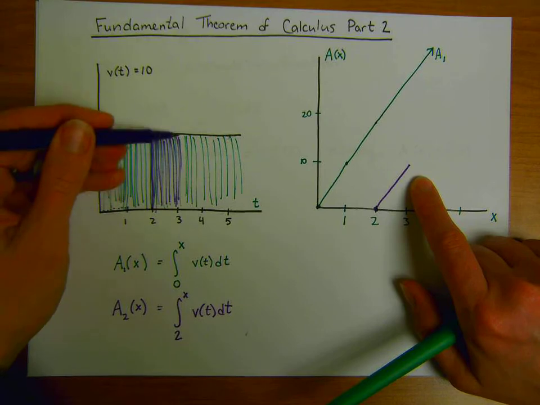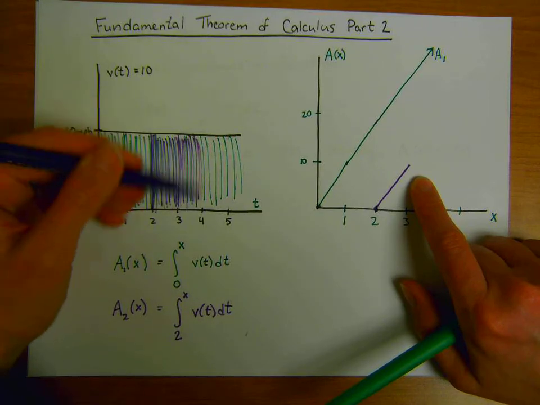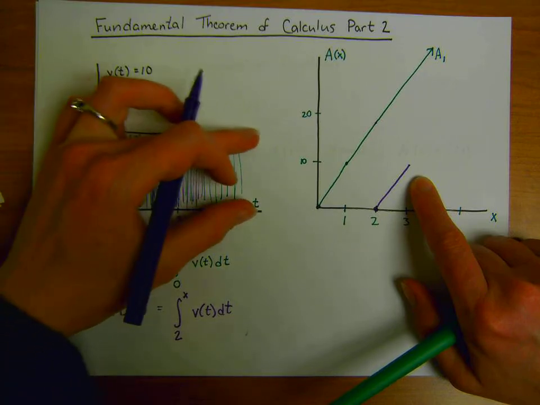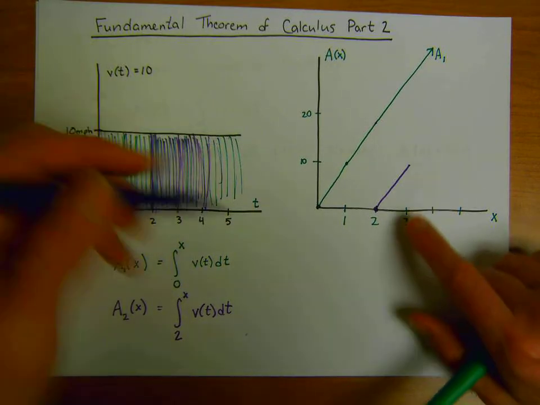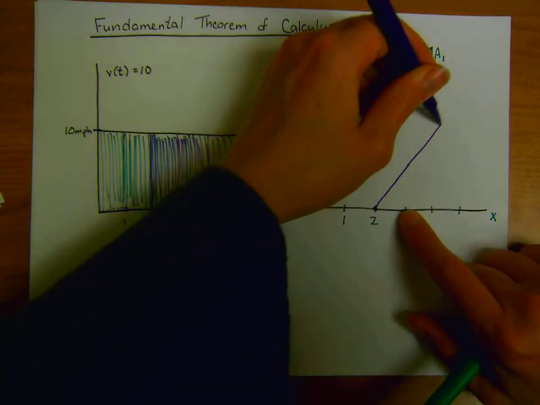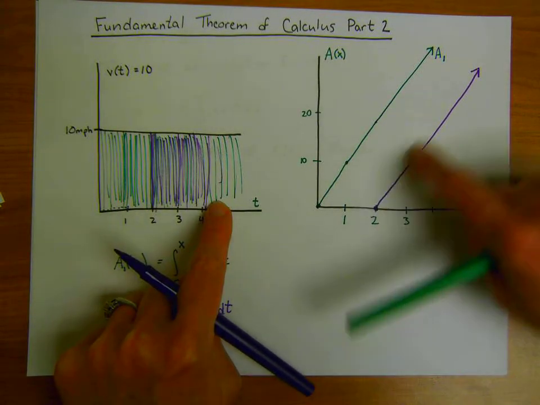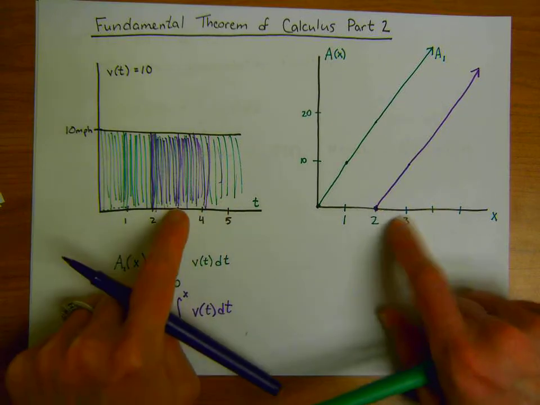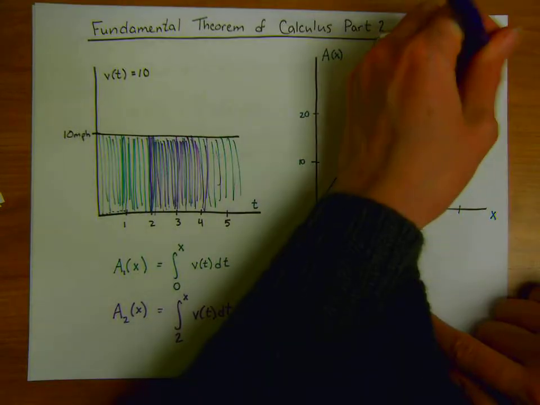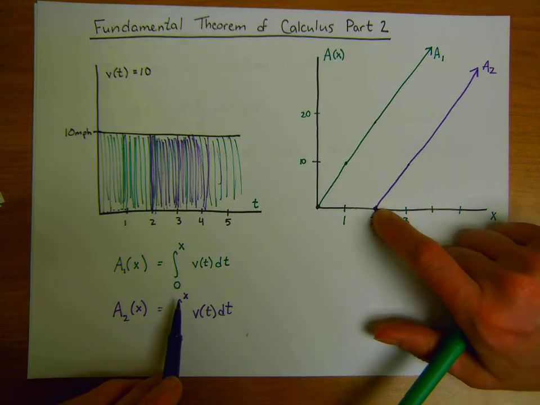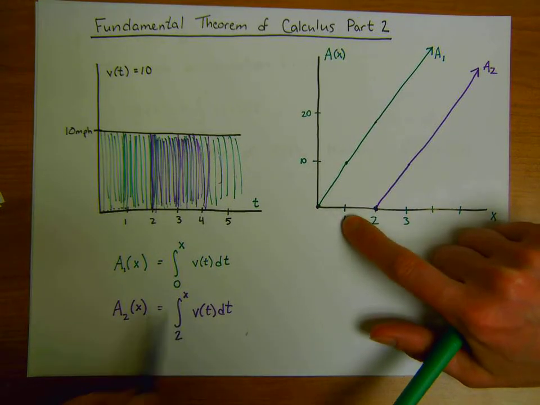Following forward, as this area accumulates, as my integral from 2 to x rolls out, as my x's increase, this function continues increasing at a rate of 10 miles per hour, or with a slope of 10. At 2, I think it's easier to see what happens when I consider a of 1.